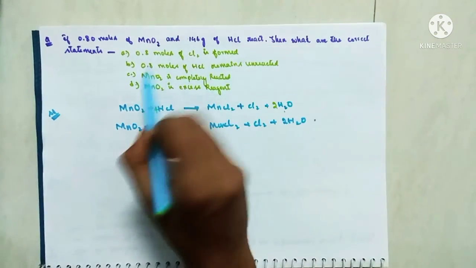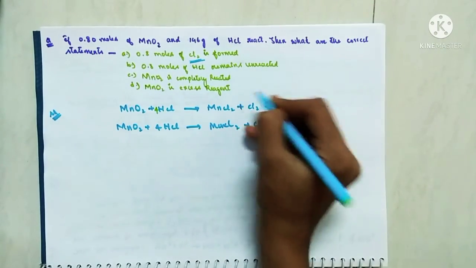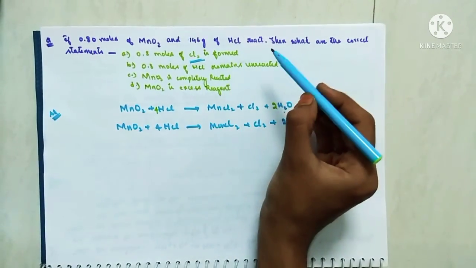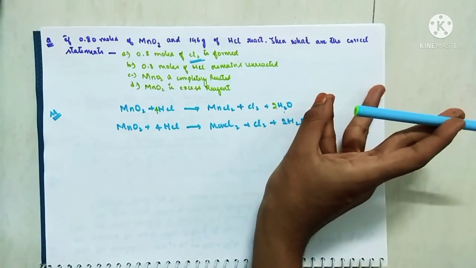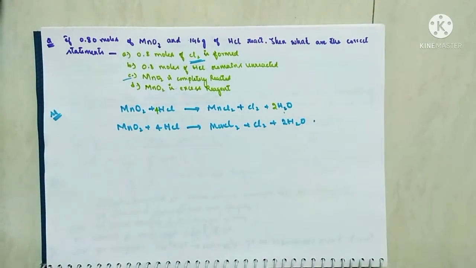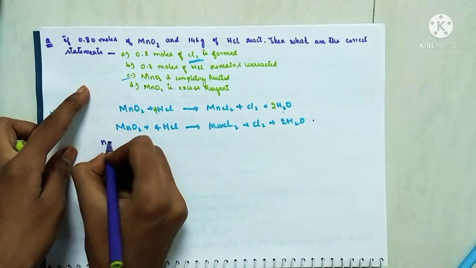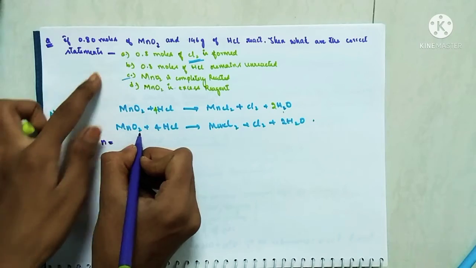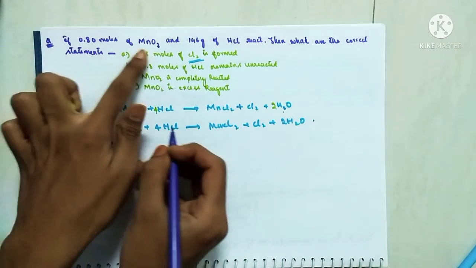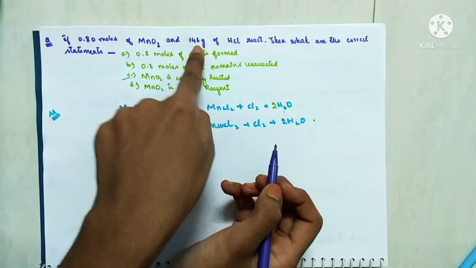Now we must find the correct statements. To find the amount of Cl2 formed, we must find the limiting reagent. Here n of MnO2 is 0.8 moles, and they said 146 grams of HCl.